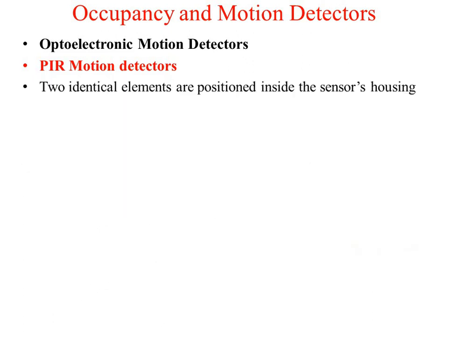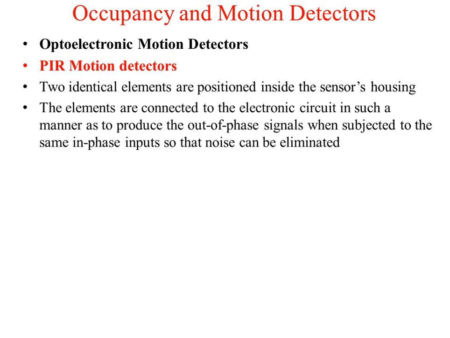Okay. So the two identical elements are positioned inside the sensor's housing. The elements are connected to the electronic circuit in such a manner that they will produce out of phase signals, so that they will cancel the same inputs. Same inputs means we know the concept of CMRR, common mode rejection ratio.